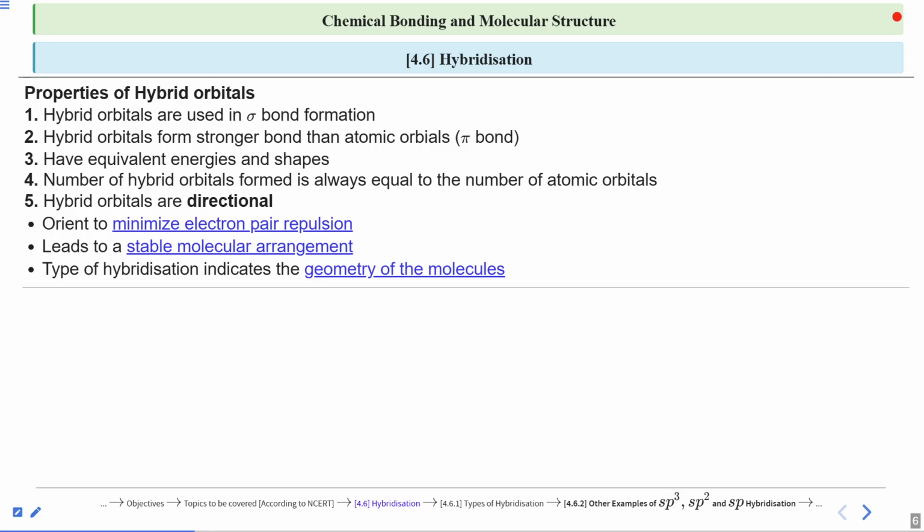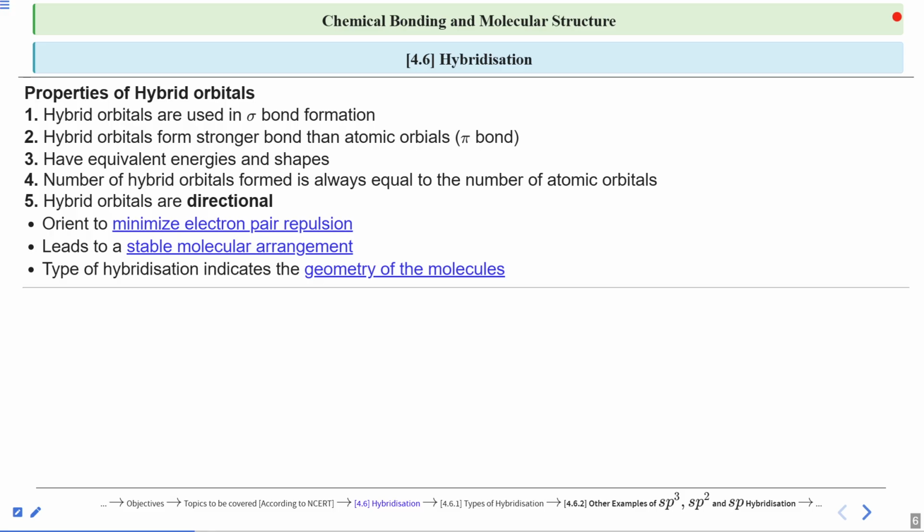Then next, they will be directional in nature, and this is done to minimize the electronic repulsion. And last point, the number of atomic orbitals will be equal to the number of hybrid orbitals that are formed. So if you are taking two s orbitals and combining them, then the new hybrid orbitals will also be a set of two orbitals. I guess this part is clear to you.